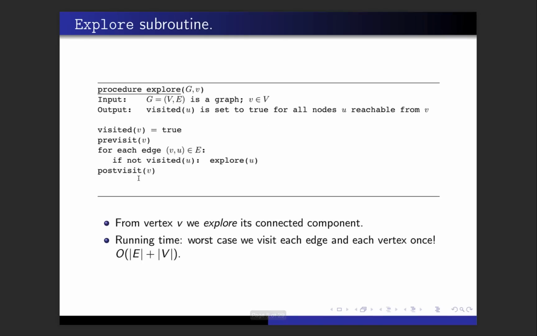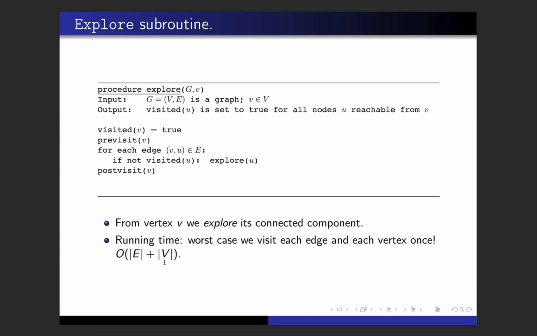Now, the second idea is that the running time of this procedure is linear in the size of the graph. In other words, in the number of edges plus the number of vertices. It is important to make this distinction, and we will always do that when we discuss running times for graph algorithms, because the number of vertices and the number of edges can have different growth in terms of the variable that you choose to label them.